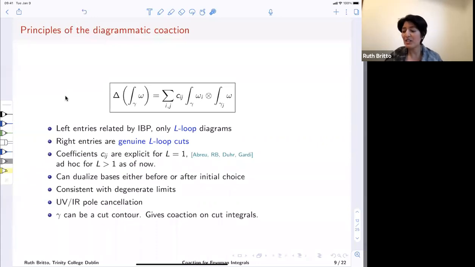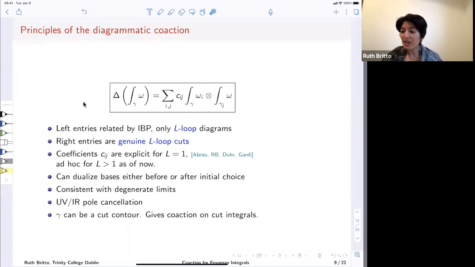And by degenerate limits, I mean that Mandelstam variables are going to zero or becoming equal to other ones or to the external masses. We have a mechanism by which the UV and IR poles cancel. These appear generically when you pinch propagators.